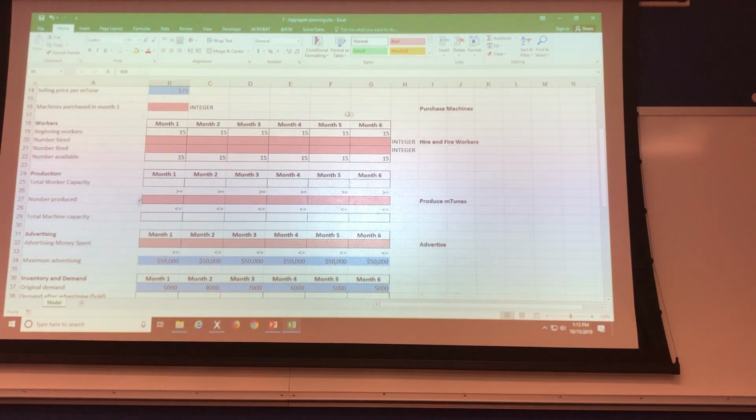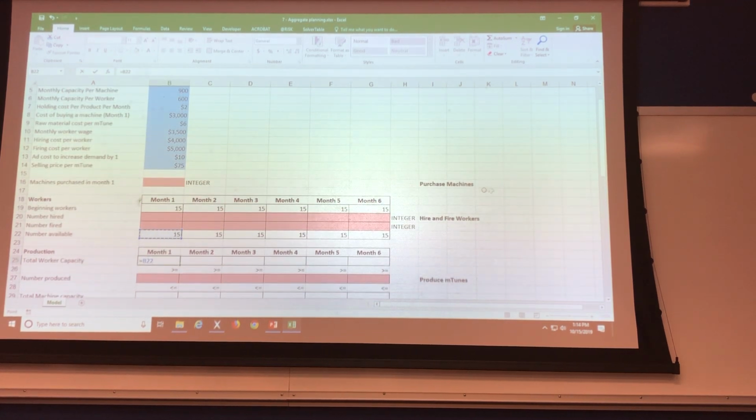So let's look at the worker capacity. What's our worker capacity? The number available times the budget per worker. Whatever we have available in month one, which happens to be in B22, multiplied by how much each of those people can make, well, that's up there in B6. So B22 times B6.